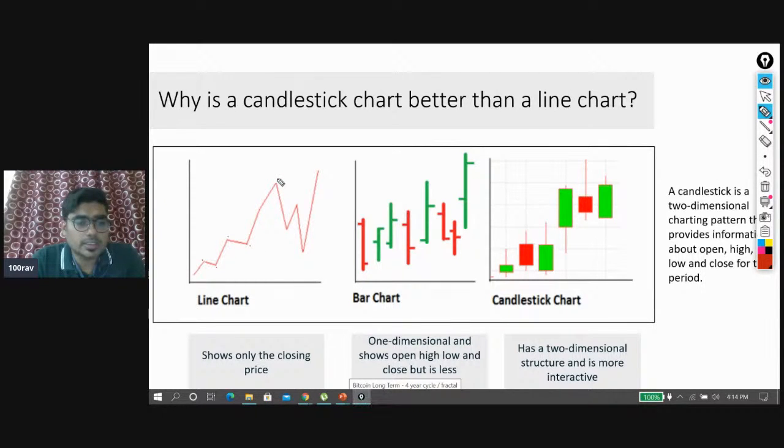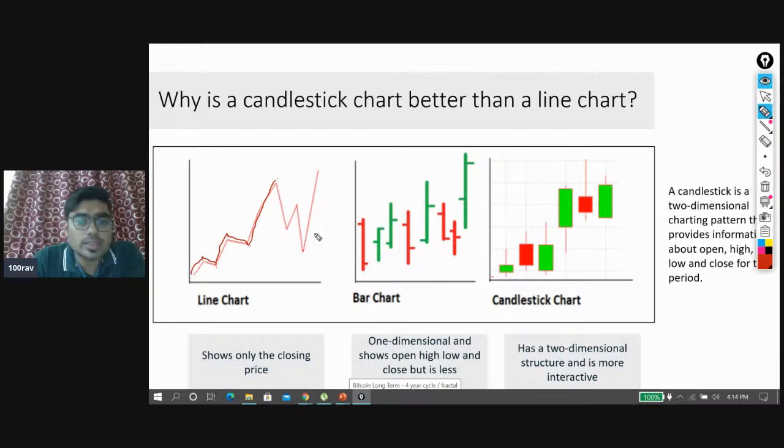Here, let's say it is somewhere 40 rupees, and so on. So these are the closing prices, where the price closed at 3:30 every day, and that we connect to form a line chart. The drawback of this chart is we do not know what happened in the day.